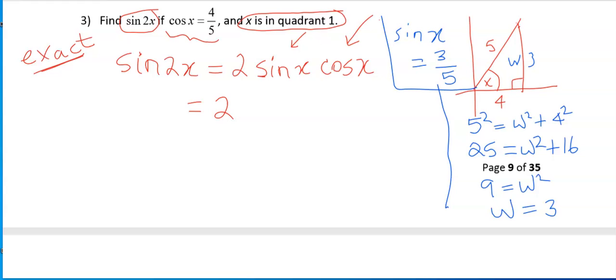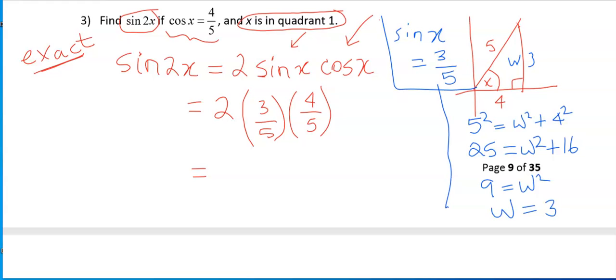Most of your calculators, Casios I know most of you are using, can handle radicals anyway. So the sine of x we just calculated, that's 3 over 5. And the cosine of x we were given, that's 4 over 5. And if you type all this into your calculator, those fancy calculators you've got these days, that'll just give the answer right back to you anyway.